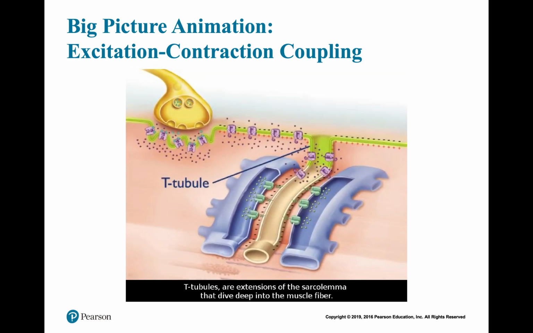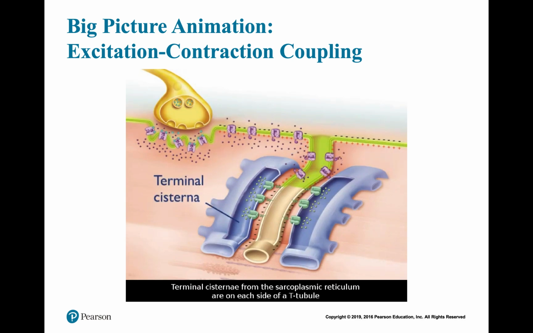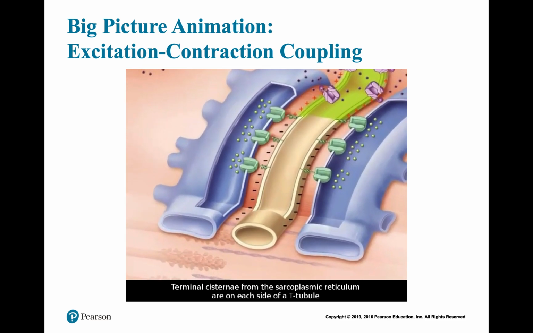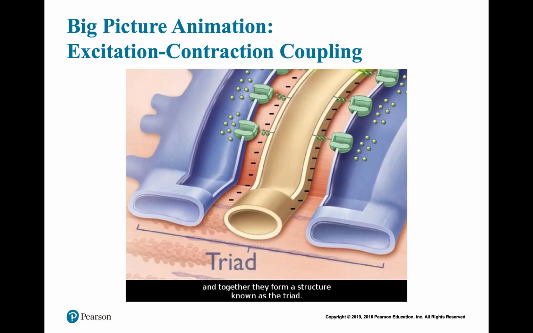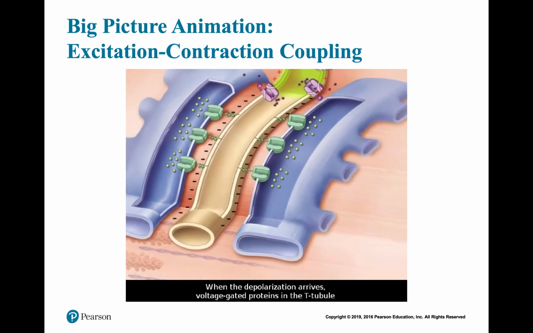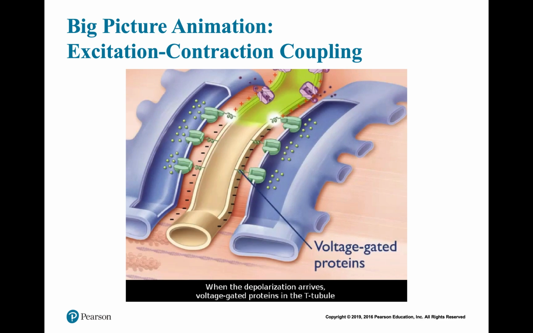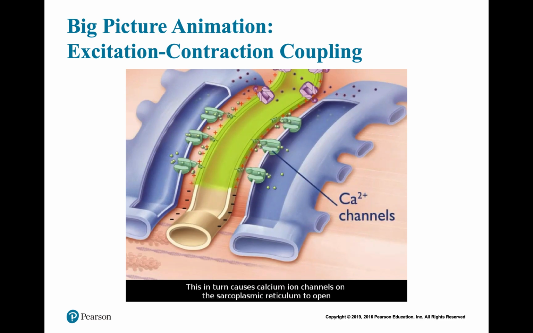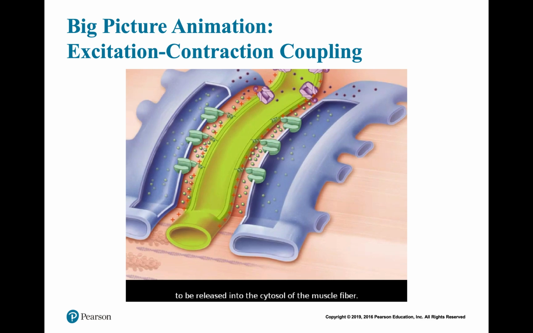T-tubules are extensions of the sarcolemma that dive deep into the muscle fiber. Terminal cisternae from the sarcoplasmic reticulum are on each side of a T-tubule, and together they form a structure known as the triad. When the depolarization arrives, voltage-gated proteins in the T-tubule change their shape. This in turn causes calcium ion channels on the sarcoplasmic reticulum to open and allows large amounts of stored calcium ions to be released into the cytosol of the muscle fiber.